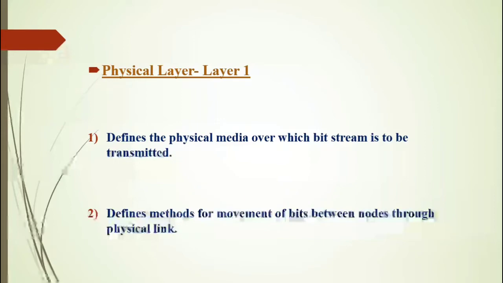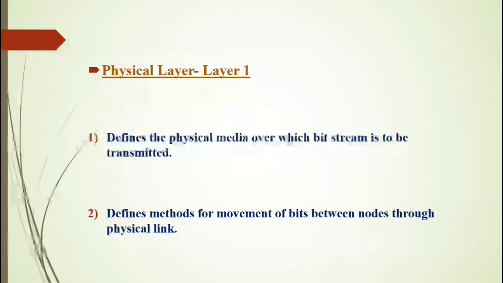Then we have physical topology. As you know, I have already explained what topology is and the different types of topology in my previous video. Physical topology specifies the way in which the different devices or nodes are arranged in a network, like bus topology, star topology, mesh topology, ring topology, and hybrid topology. The next function of the physical layer is transmission mode.